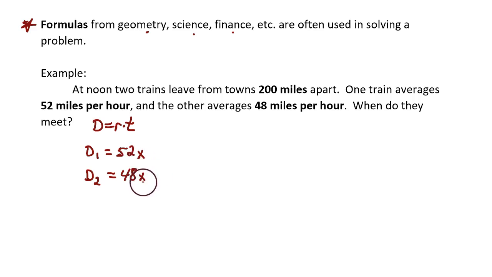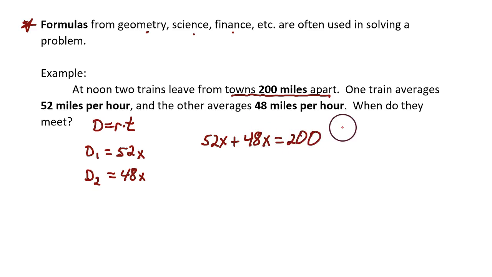Now that we've modeled the distances for both trains, we can create an equation from the first sentence, where we're told that the towns are 200 miles apart. The distance traveled by the first train plus the distance traveled by the second train must add up to 200. Now solve the equation.